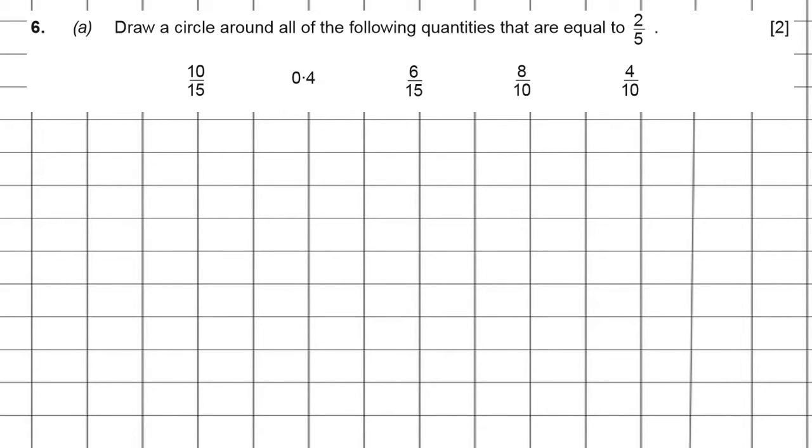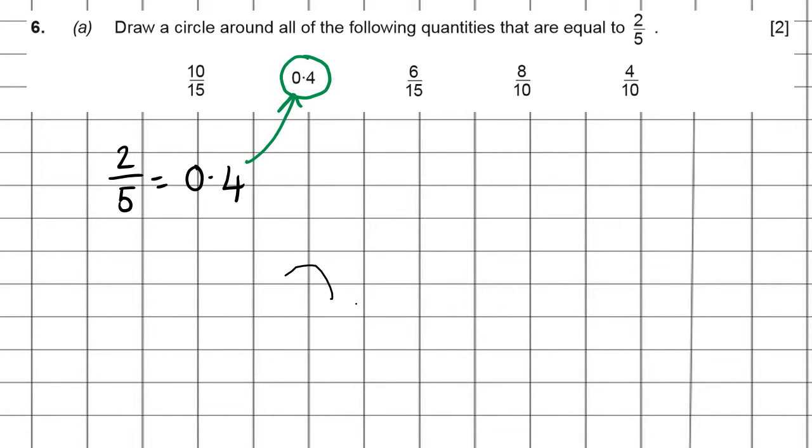Question 6a. Draw a circle around all the following quantities that are equal to 2 over 5. Okay, so if you did 2 over 5 on your calculator, you'd get 0.4, yeah, so that's one of them.